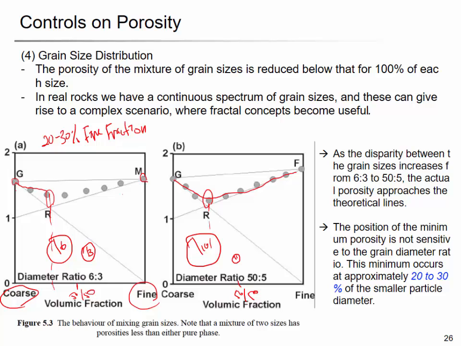So it's good to have different sizes in your soil or sediment. That's going to decrease the porosity. I don't know whether it's good, but it's good in terms of decreasing the porosity.